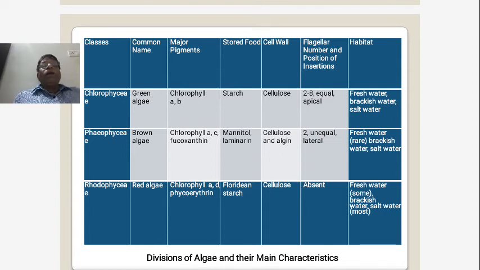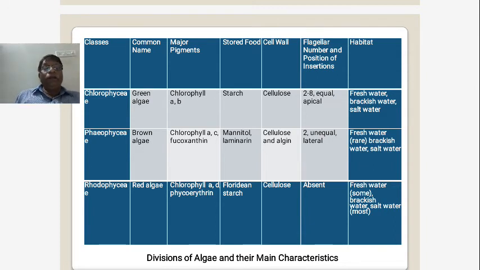For example, Sargassum, Fucus, Laminaria. These are found in salt water, that is sea water, or even in ocean. So that's all about the occurrence.